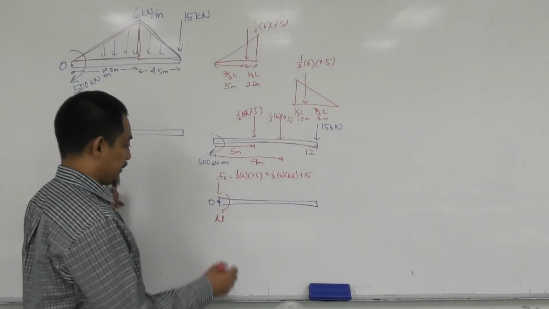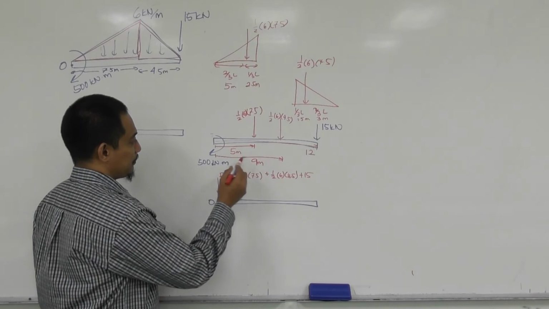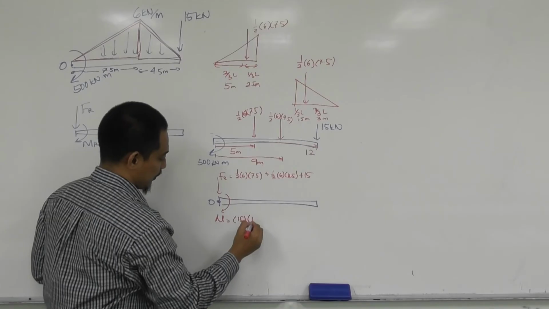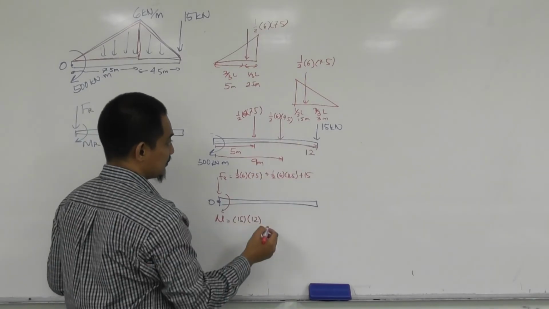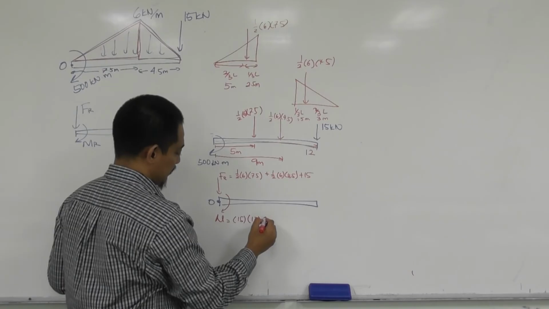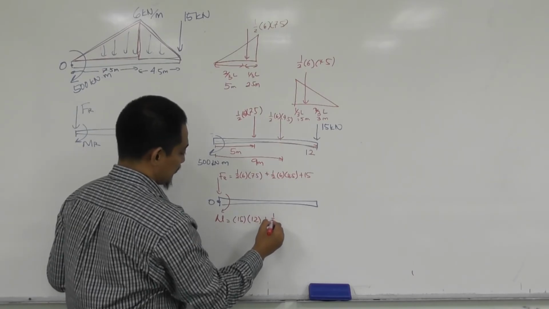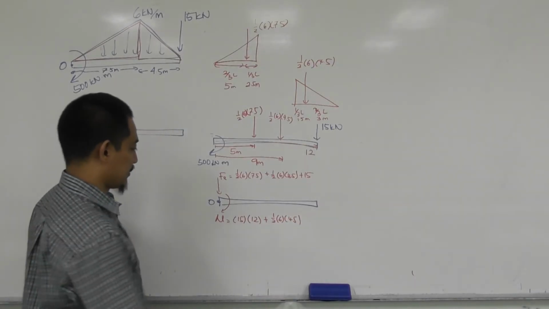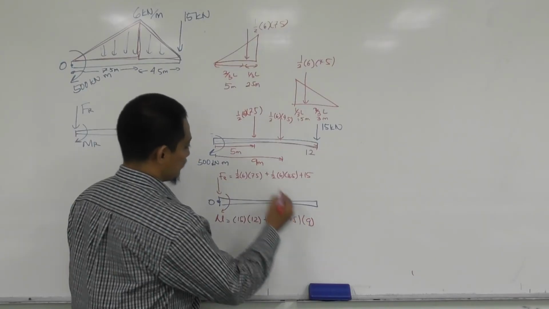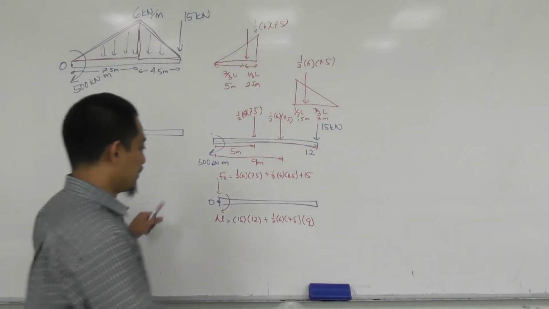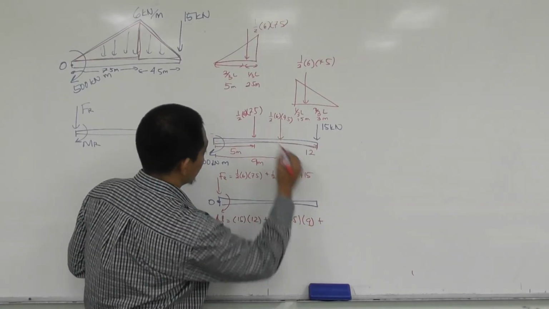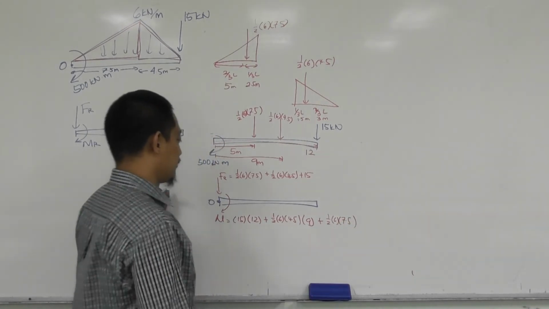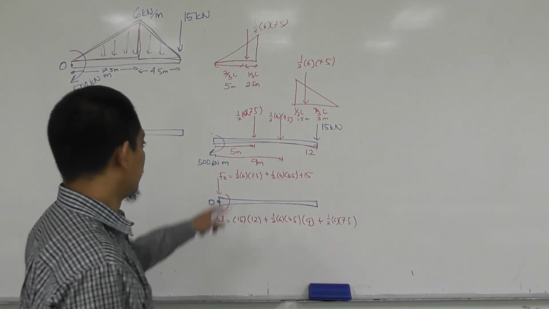In terms of moment, this moment is just the summation of moments. So basically, if you take from here, it becomes 15 times 12, plus half times 6 times 4.5, and then times the distance of 9, and then plus again, this one is half times 6 times 7.5 with the distance of 5.